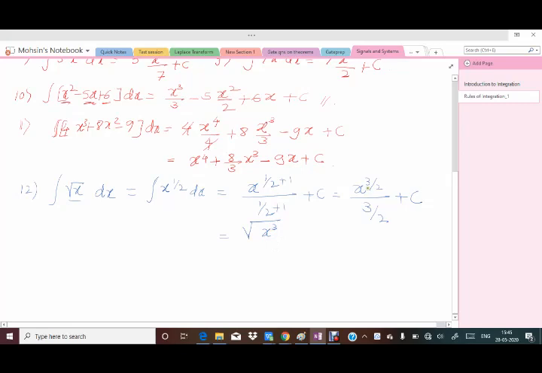So therefore square root of x cube into, so 3 by 2 can be written as 2 by 3, plus c. Okay, so this is what we are going to get.